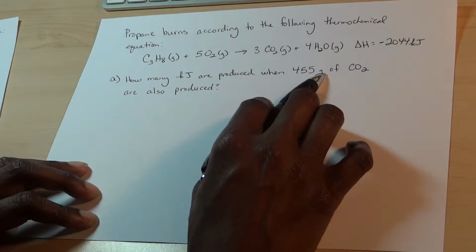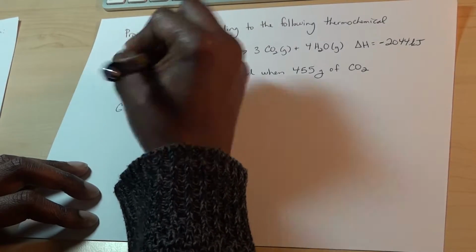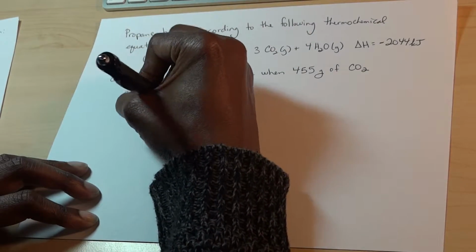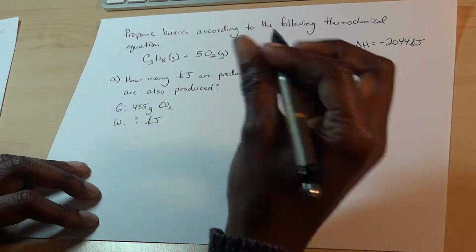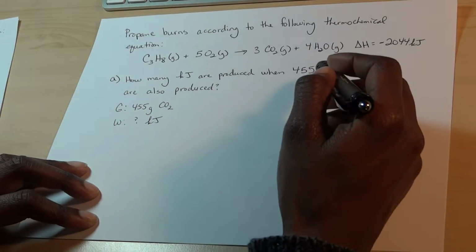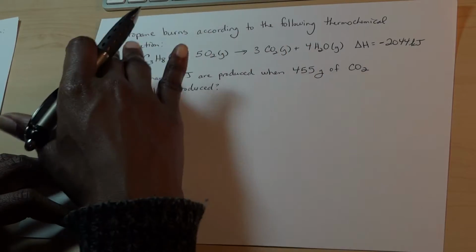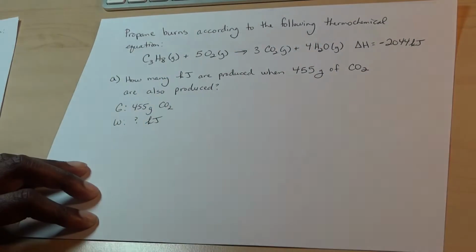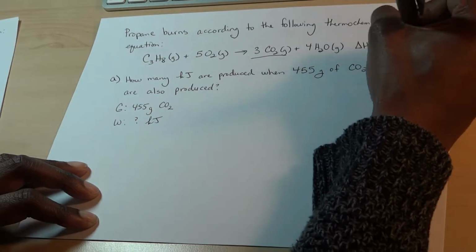So in this case, we're given 455 grams of carbon dioxide and we want kilojoules. Instead of the other two stoichiometry problems, where we were looking at two compounds in the balanced equation, this time we're looking at carbon dioxide and kilojoules.